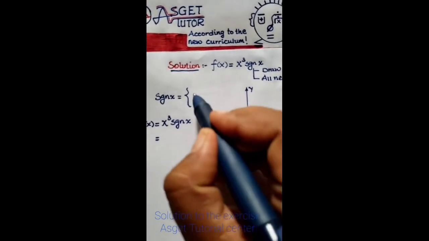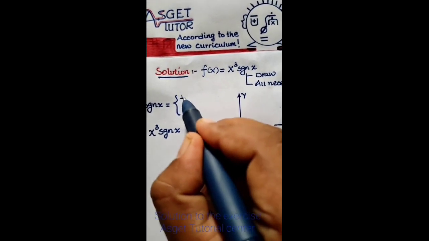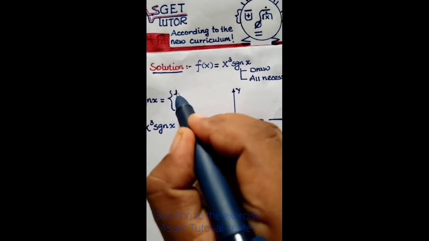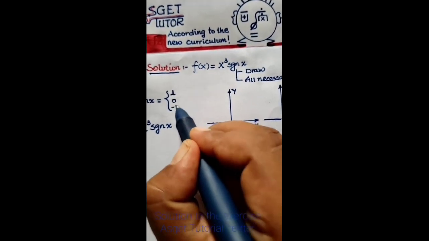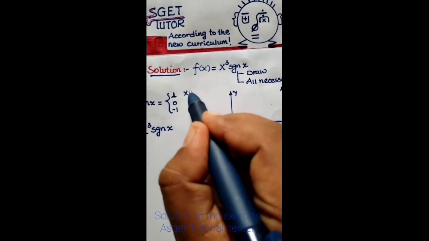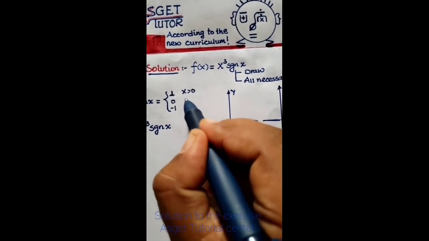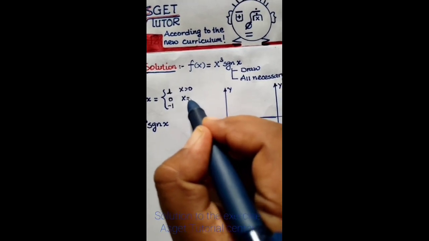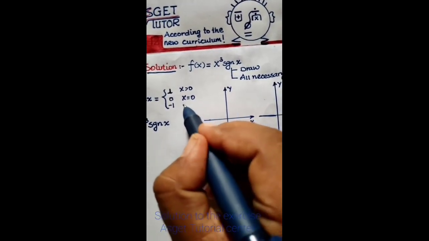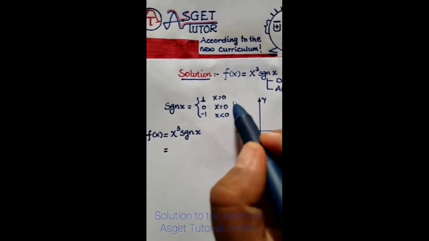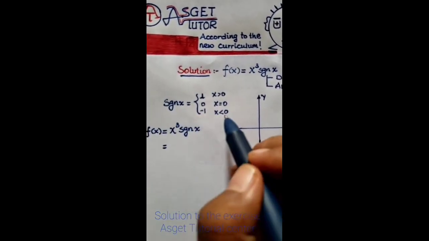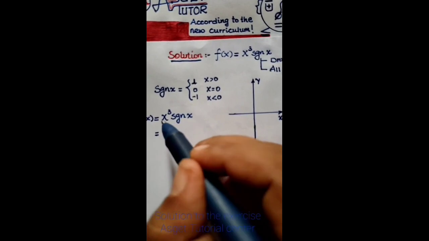Sine x is a piecewise defined function having components 1, 0 and -1 defined for the domain x greater than 0, x equals 0 and x less than 0. So this was the definition of sine function.